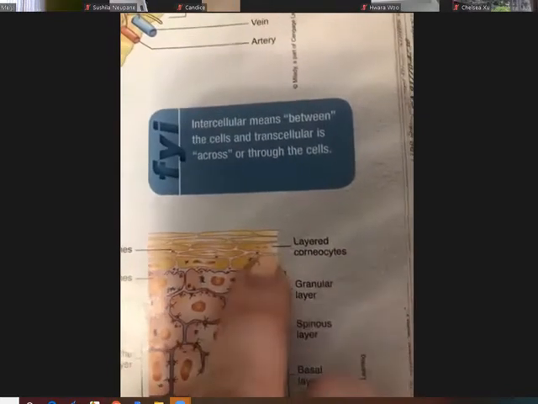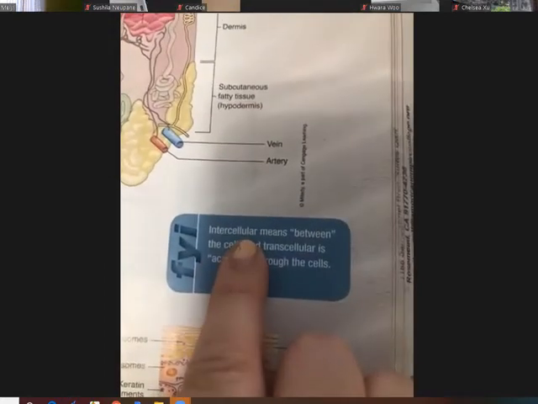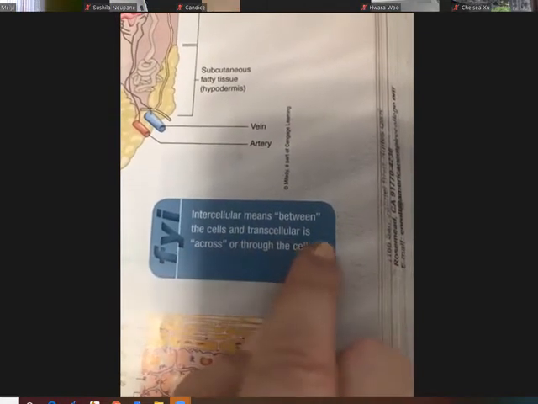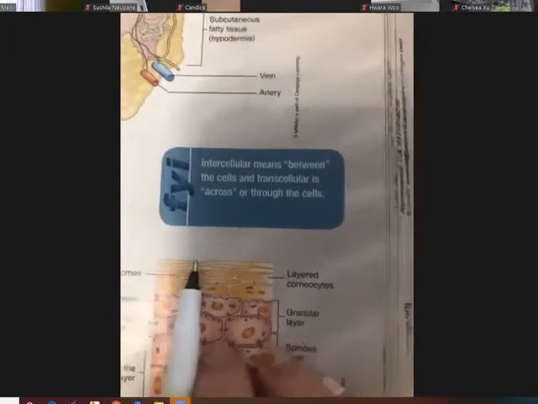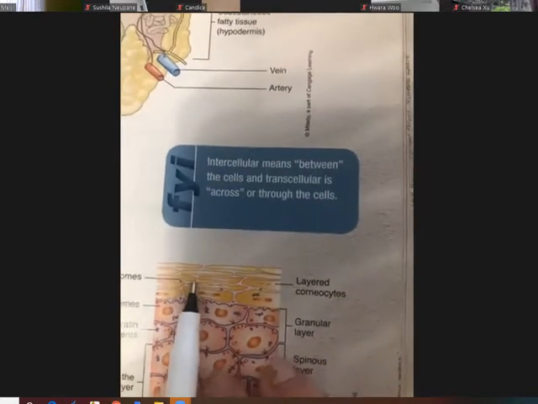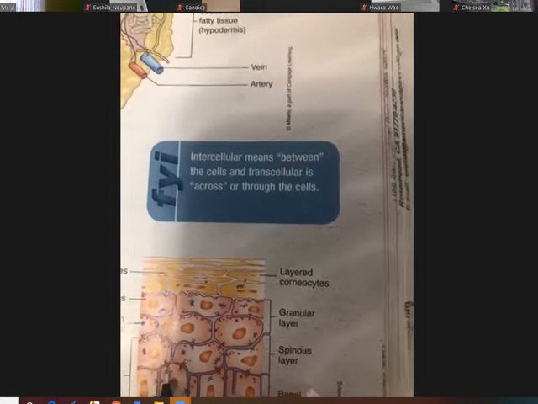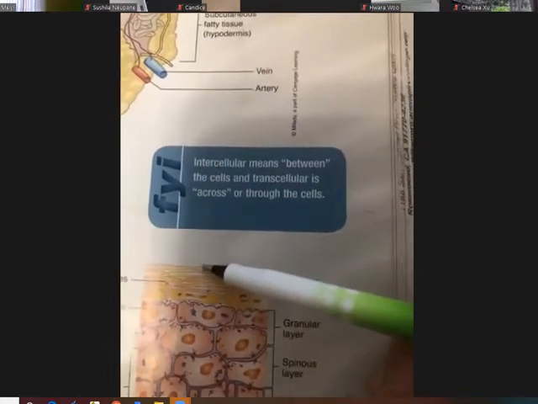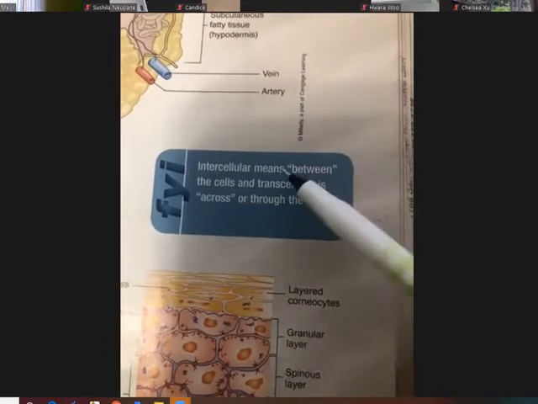So intercellular means between the cells. Transcellular means across, through the cells. So intercellular means what? It travels through the holes. That's called intercellular. Transcellular means it goes through the cell. So please remember this word, okay?